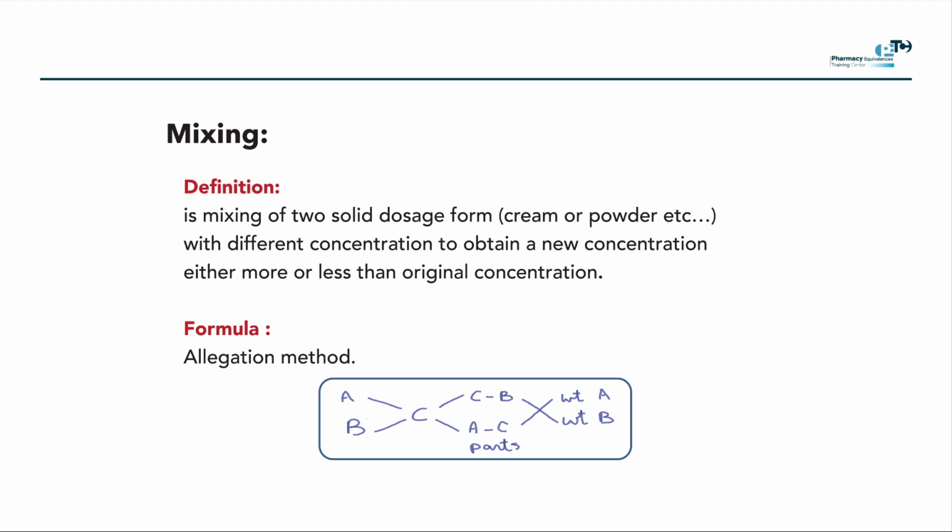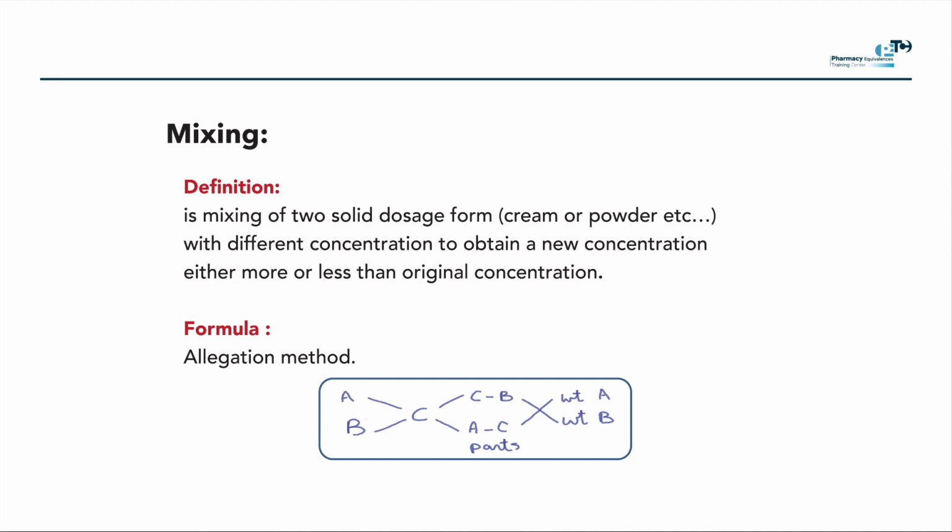This formula is divided into three parts. The first part is the percentage or concentration of drug A and drug B. Drug A and drug B may be the same drug but in different concentrations. C is the new concentration of the mixture.